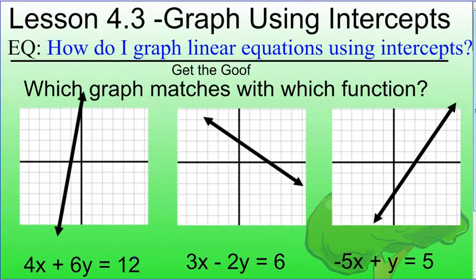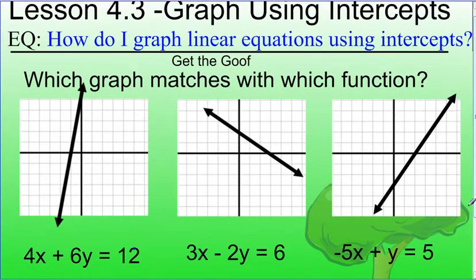Now, one thing that we can do here that's going to make our lives a lot easier is, if you remember when we first started this chapter, the way we could check if a point was on a line was by plugging the x and y coordinates into the function and seeing if it worked out. So for example, this line crosses the y-axis at 1, 2, 3, 4, at 5.